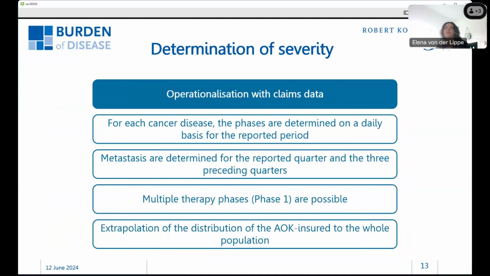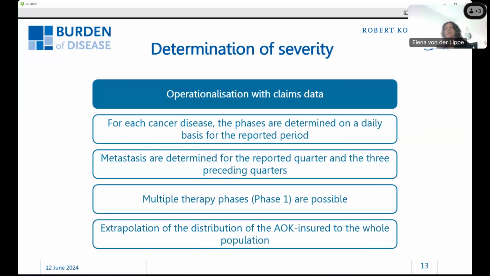How we operationalized all this. For each cancer disease, we were able to determine the phases on a daily basis for each patient. The metastasis were determined from the reported quarter. I already mentioned we had a look quarterly at our data, and also at the previous 3 quarters, so that we could have this information for the whole assessment period.